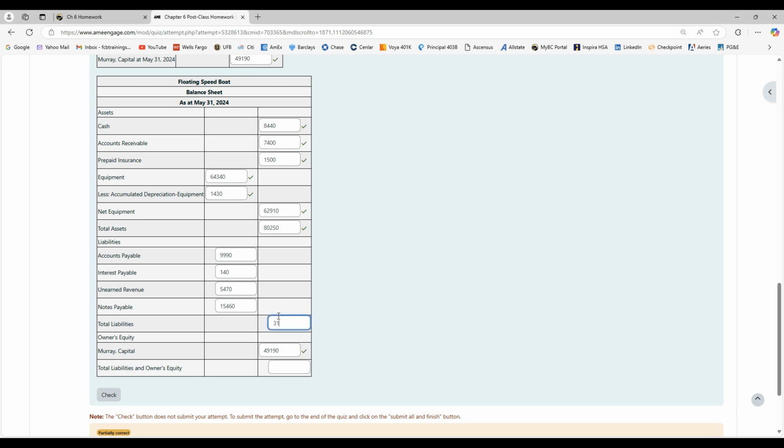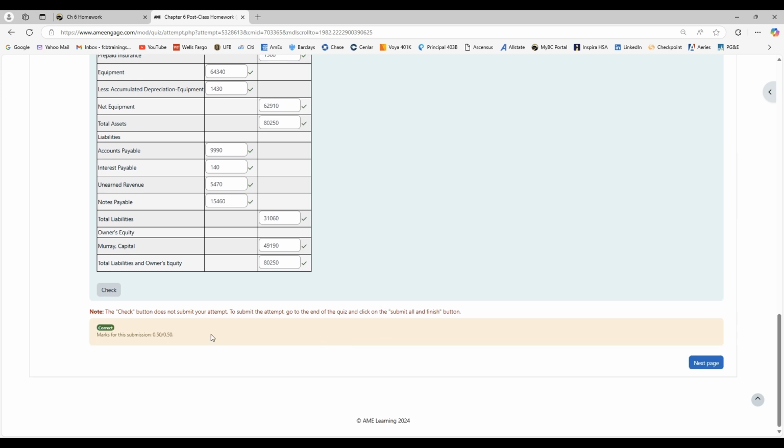And I get 31,060. And then if we add the 31,060 and the 49,190, add these two together, total liabilities and owner's capital, we get 80,250. And that's kind of our accounting equation essentially is now balanced, right? Assets equal liabilities plus equity. So good to go. Full points on that one. And let's move to the next problem.